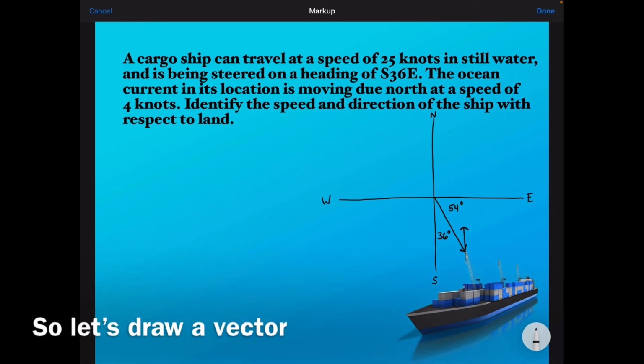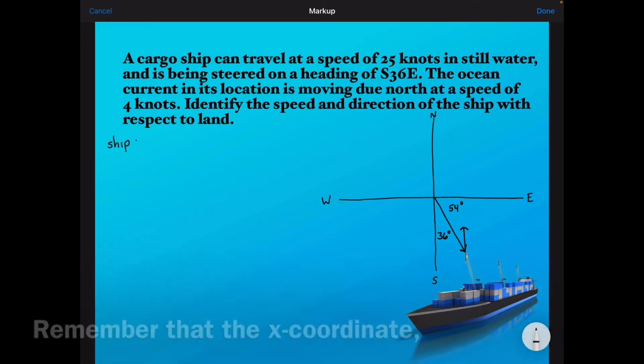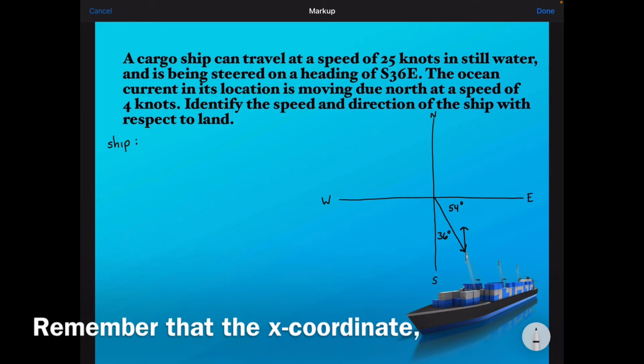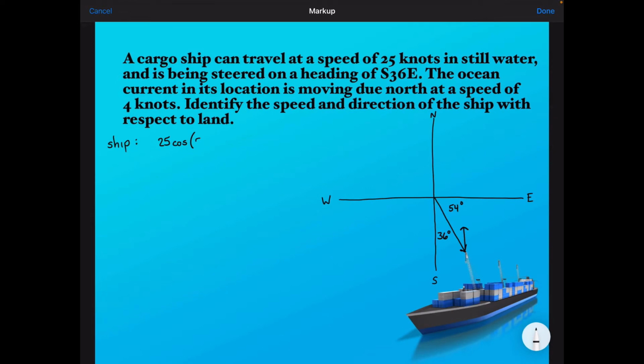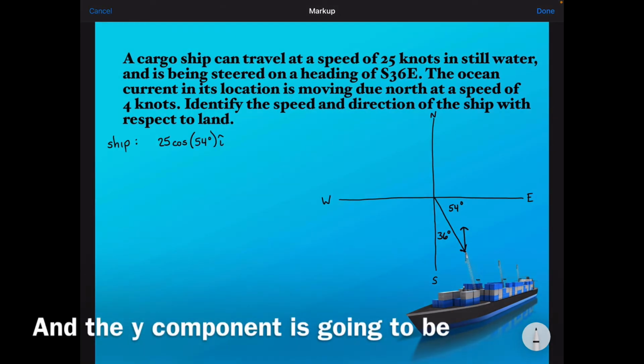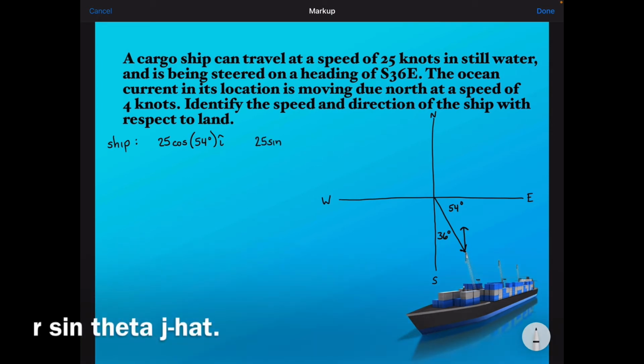So let's draw a vector for the ship. Remember that the x component of your motion is always r cosine theta i hat, and the y component is going to be r sine theta j hat.